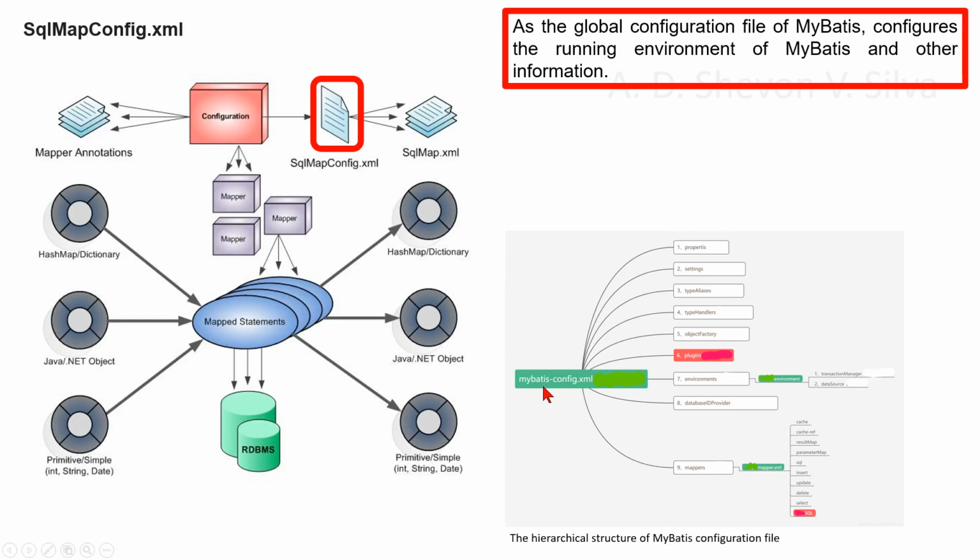And here you can see a MyBatis-config.xml file as an example, and you can see properties. This file is connected to properties, settings, type aliases, type handlers, object factory, plugins, environments, database ID provider, and mappers.